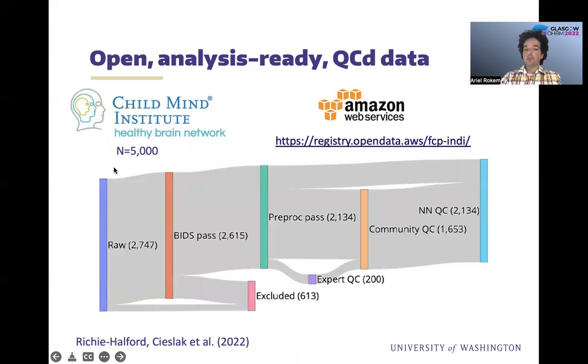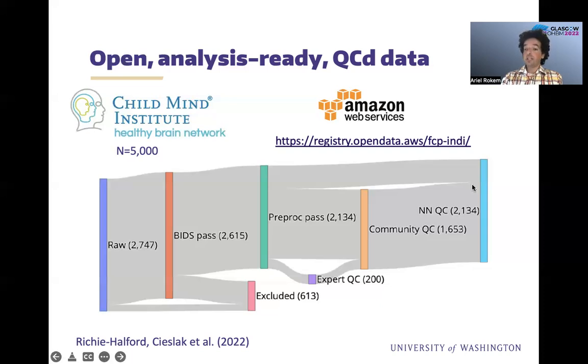From the raw data of approximately 2,700 individuals, we curated a BIDS dataset. We did some preprocessing using QSIPrep, state-of-the-art preprocessing for diffusion MRI. And then we had experts do quality control on a small sample, and through a web app, we had a large community of individuals do manual quality control on a large part of the dataset.